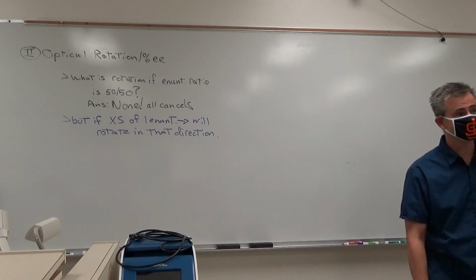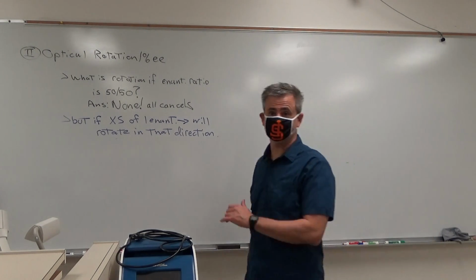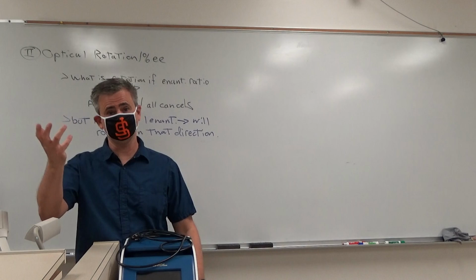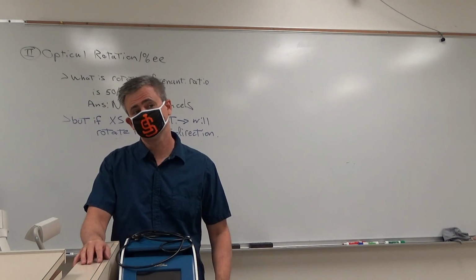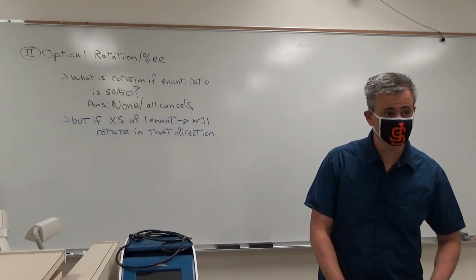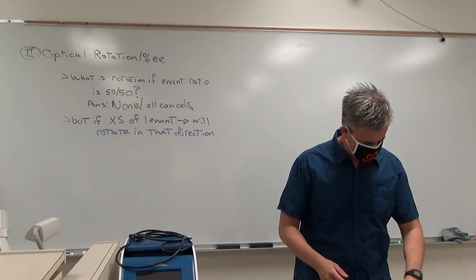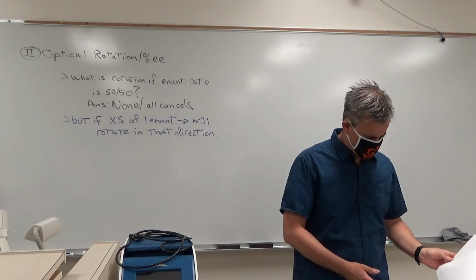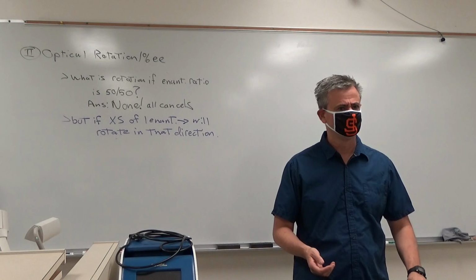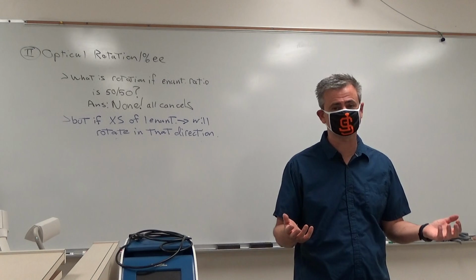Concentration, right? The more concentrated the solution, the harder it is for the light to get through without bumping into a molecule and being absorbed, in the case of methyl violet, or being rotated, in the case here of an enantiomer. So the more concentrated it is, the more it's going to rotate. If you're going to compare what you find to some literature value, you better control for how concentrated your solution is.